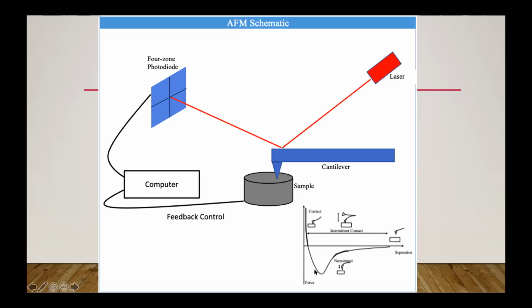And as they get closer still, they then start to exhibit repulsive forces. The AFM follows this fairly closely. When the tip is in direct contact with the surface, you get these strong repulsive forces. As it moves away from that surface, you start to get those attractive forces, until you get to complete separation.